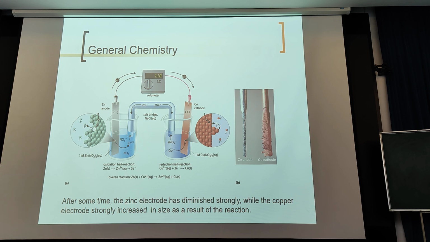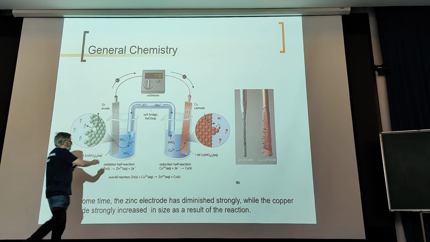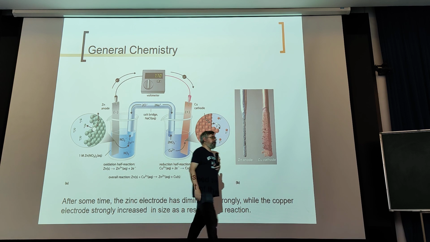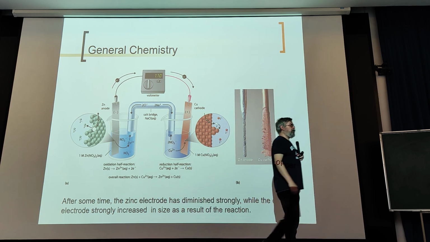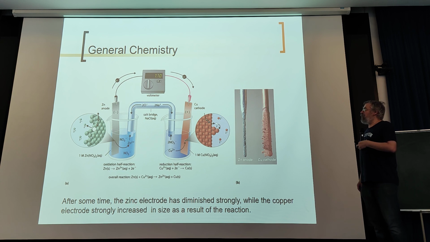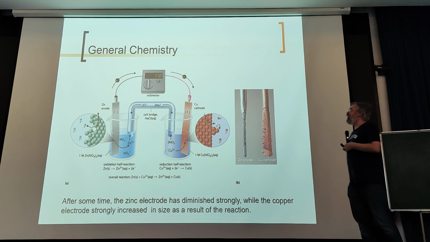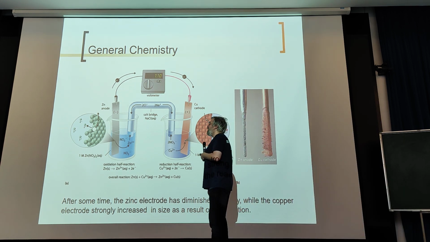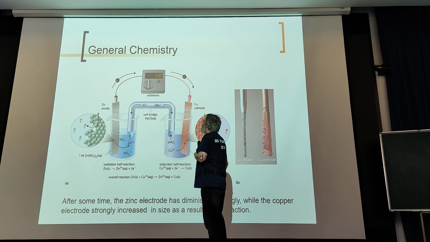You can see the two electrodes are in the solution of the respective salts of zinc and copper. And there's indeed a salt bridge. Sodium moves to the right side, chloride moves to the left side. There's also a connection to the voltmeter.